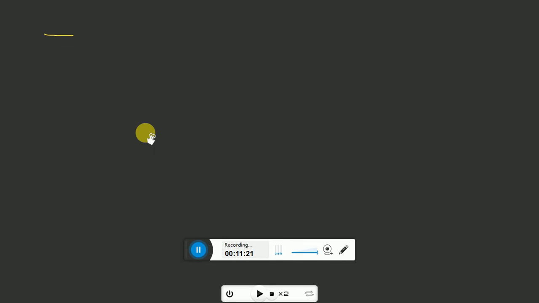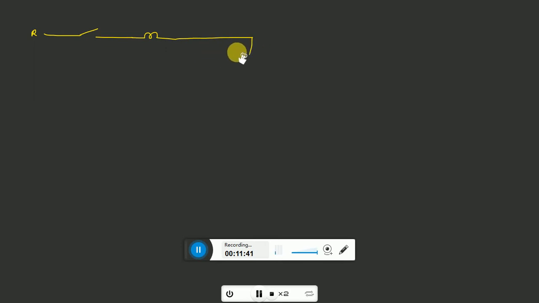So here we draw a 3-phase 3-wire system, and our load is connected in star. This is your R phase, this is our switch, this is our current coil.